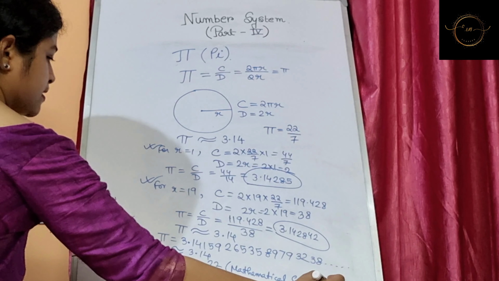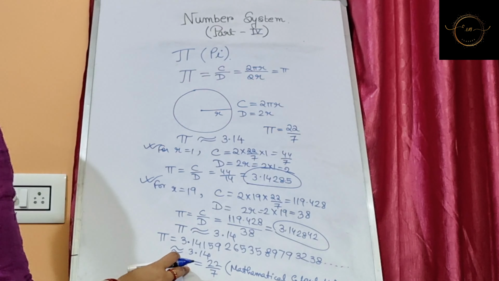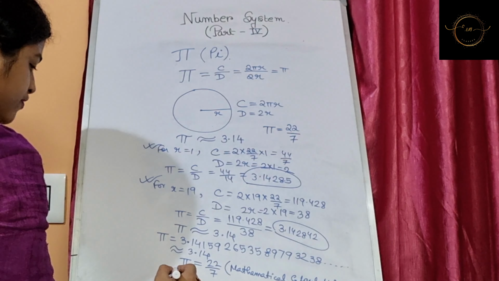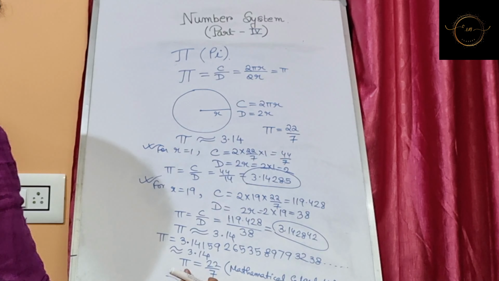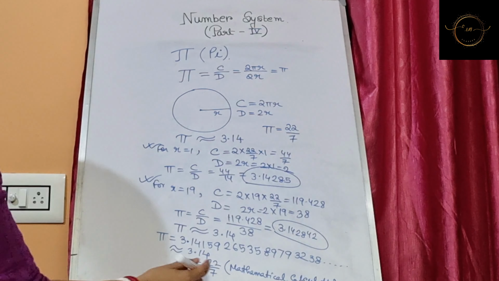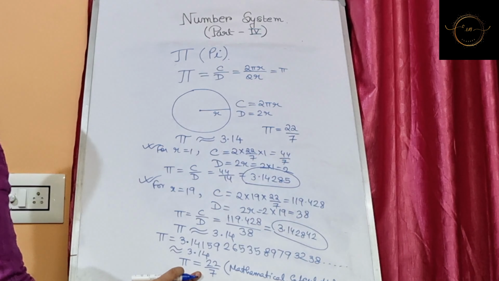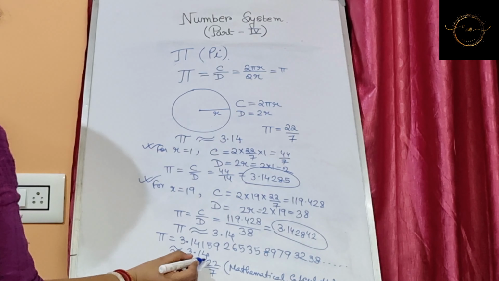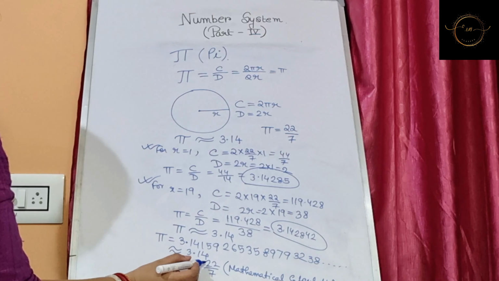But 22 by 7 is not the exact value of pi. We know 22 by 7 is a rational number because 22 and 7 are both integers.